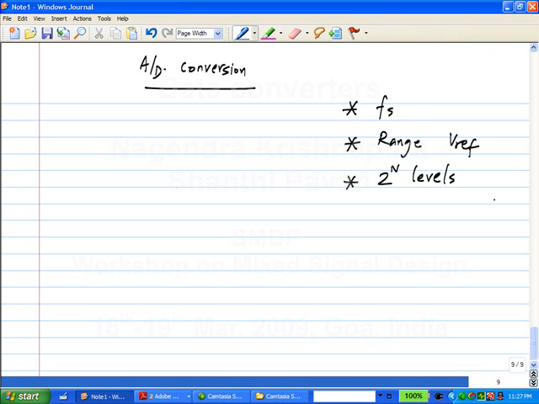When you have this, it is known as an n bit A to D converter, because you need n binary digits to represent 2 to the n levels. So this also gives you the size of LSB to be Vref by 2 to the n.